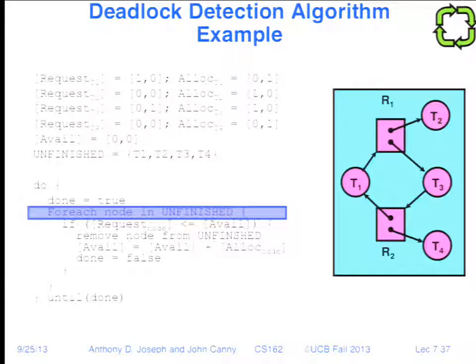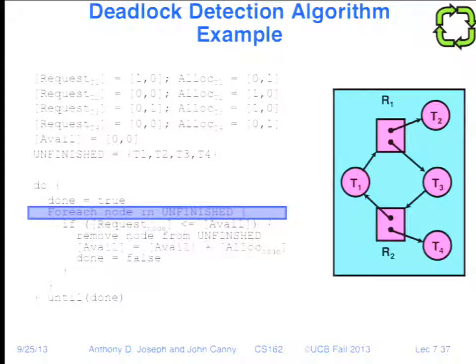And in the beginning, we've allocated thread T1 1 copy of resource number 2. So that's the arrow there. So in other words, this arrow is the allocation, and this request is the request vector there. All right, and similarly, the other arrows are represented in these request and allocation vectors.